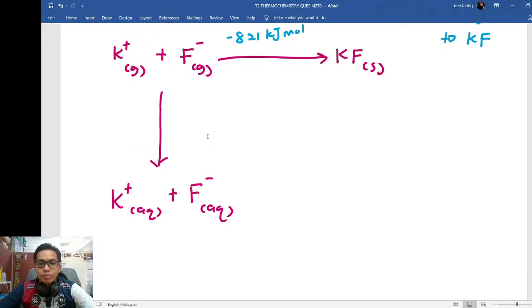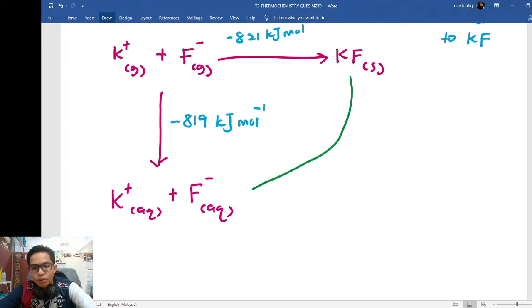Okay. And then dia punya value given to you is negative 819 kilojoule per mole. And they ask you to determine the enthalpy of solution. Okay, so solution from KF to K plus and F minus aqueous.